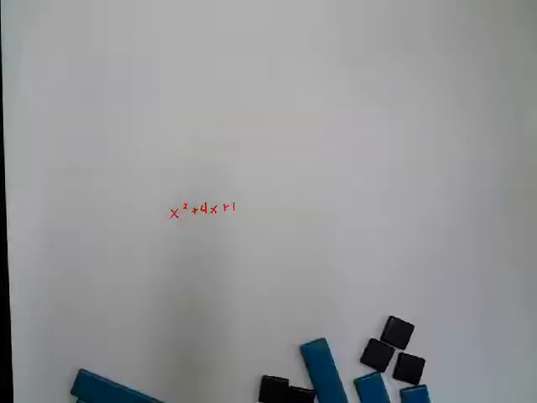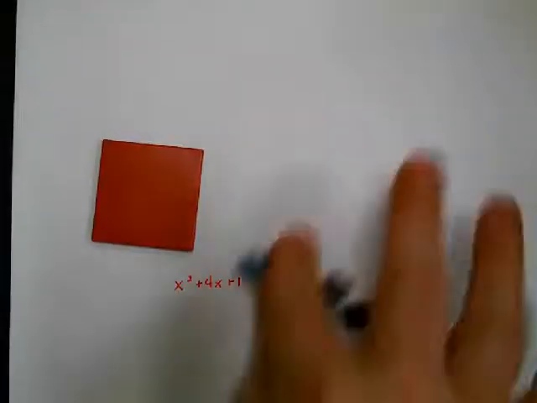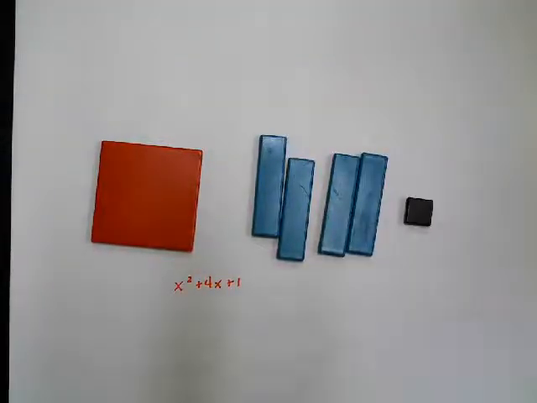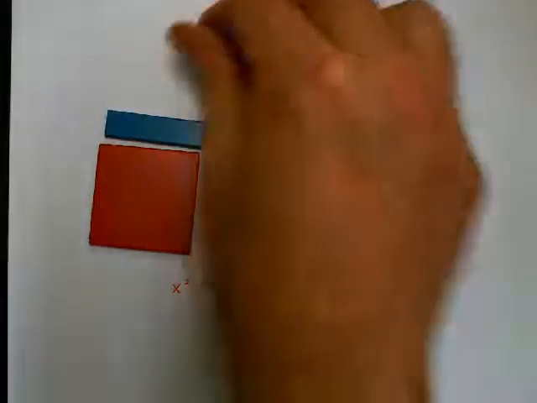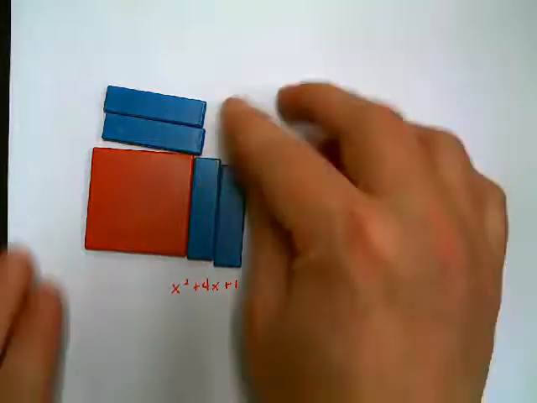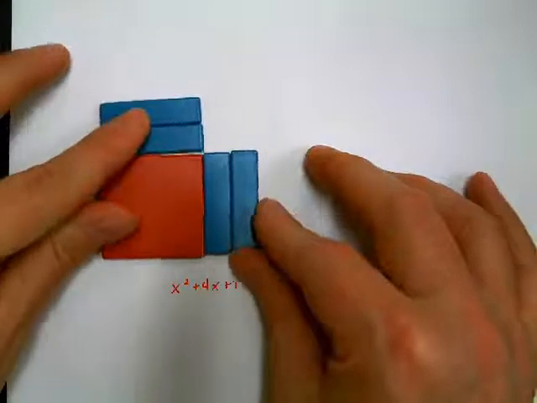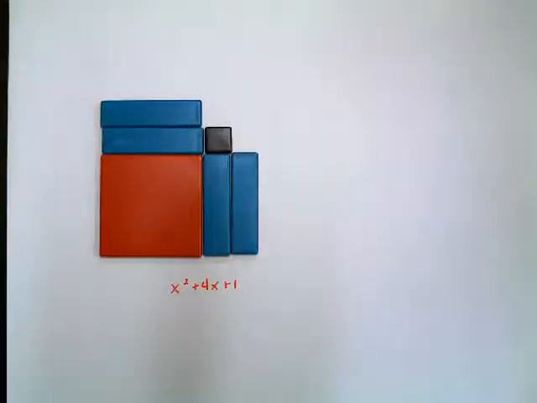So in this one, I've got 1 of the x squareds, 4 of these x's, and then 1 single. So at this point, I need to turn this into a rectangle of some sort. So if I put them there, so there's my x squared, my 4x's, but then I have just plus 1. So I'm missing 3 to turn that into a rectangle.